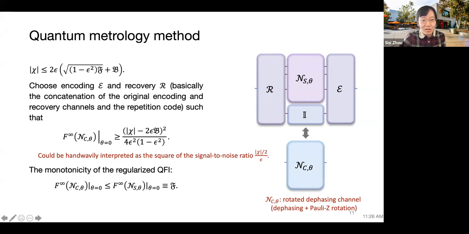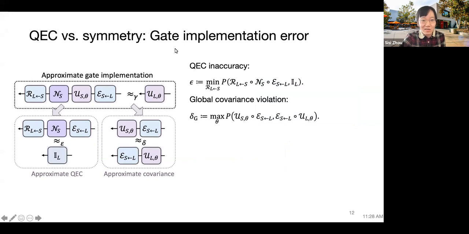Now I'm going to talk about how to derive another type of inequality, which is based on another important concept which we call gate implementation error. It's similar to charge fluctuation, and it can tell us why there's a trade-off between QEC accuracy and global covariance violation.